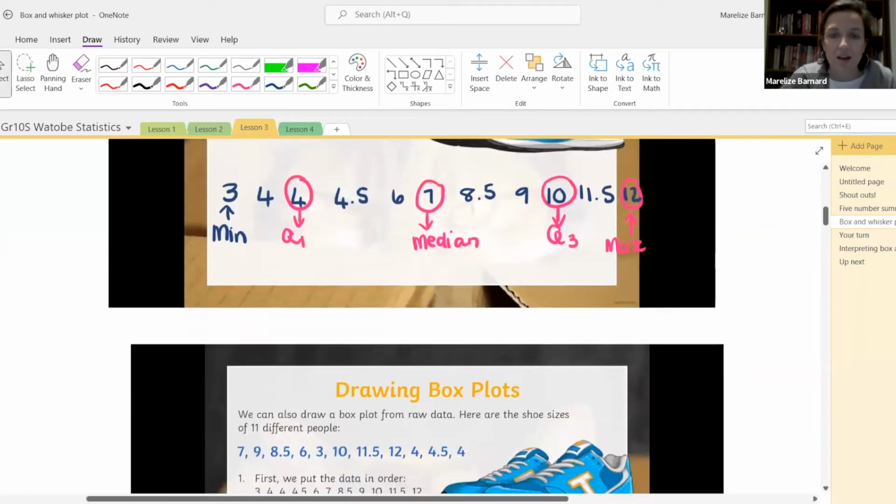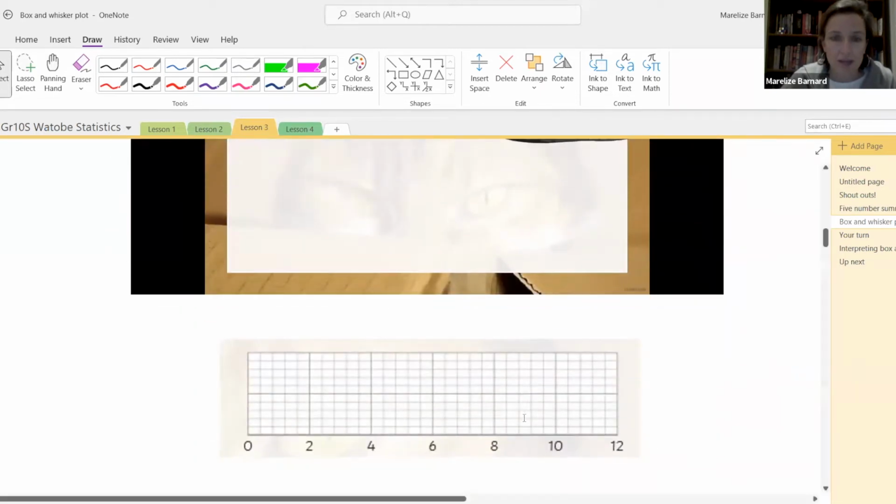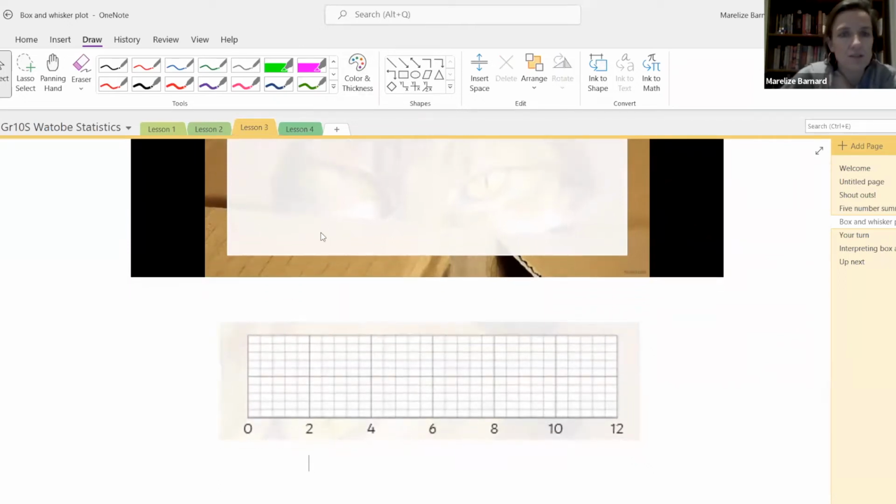Okay, so now we are going to head on over to this bit here where we're actually going to draw the box and whisker plot. So what you need to do is take your ruler and maybe mark off about 6 centimeters and let each centimeter represent 2 units.